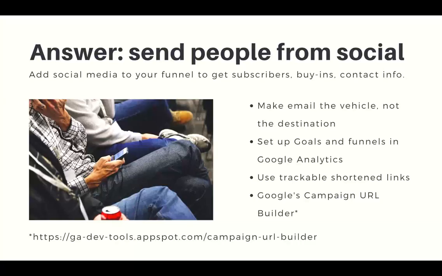I think, again, we try to make these things too complicated. You can measure how much money social media is bringing in if you take these steps. It takes a little bit of work to set these up, but once you do, you become used to this process, and from then on, social media is so much easier to tangibly measure.